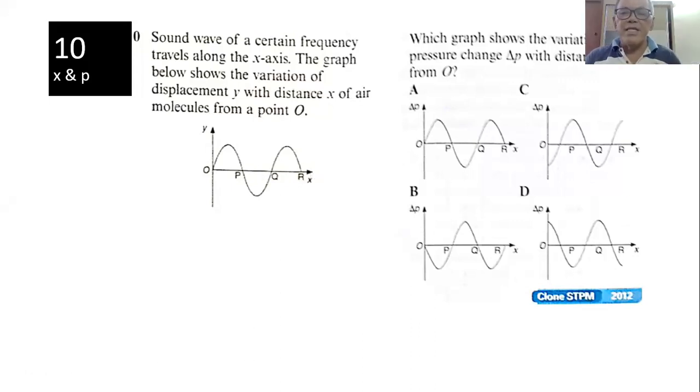Each graph shows a variation of pressure change delta P with distance X from O. So just remember, this part is the compression, high pressure. This part is the rarefaction, low pressure. Okay, so what is the answer?